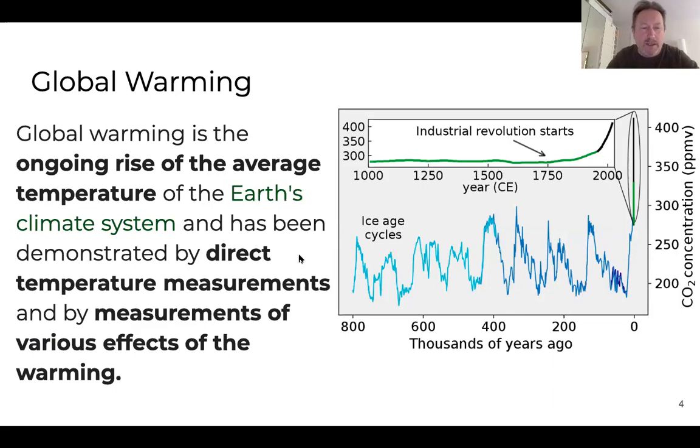Global warming is the ongoing rise of the average temperature of the Earth's climate system and has been demonstrated by direct temperature measurement and by measurement of various effects of the warming. One of the warming effects is CO2 emissions. This scale is a little bit shorter, and you see here is a very impressive rise in CO2 emissions.